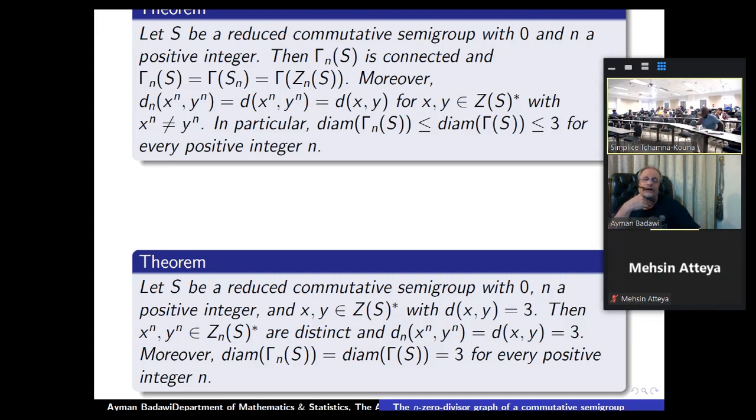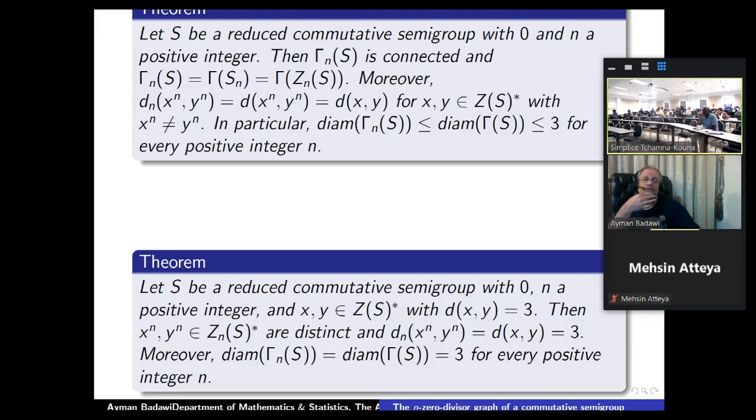Then x to the n and y to the n will be distinct, and the nth distance between x to the n and y to the n stays 3. And they have the same diameter. Okay?